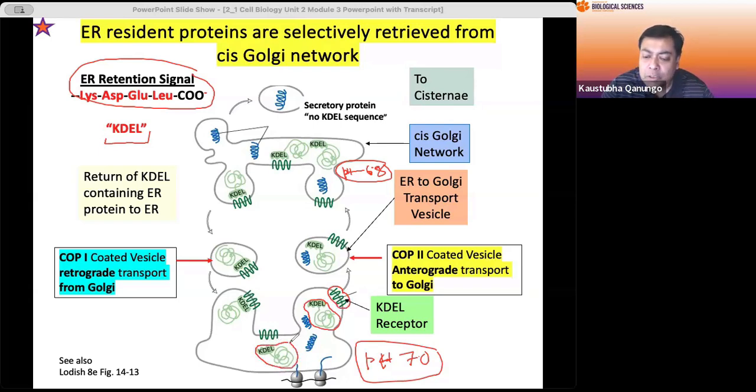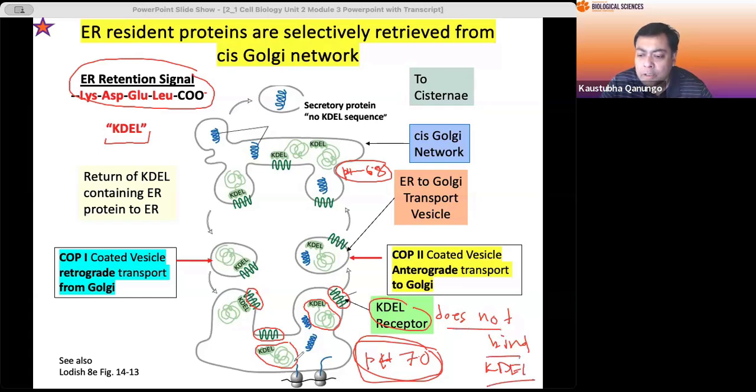All hundreds of different enzymes or resident proteins in the ER will have a KDEL sequence. And there are some membrane proteins, these are the KDEL receptors. They will bind to any protein which has a KDEL sequence. But the KDEL receptor at pH 7, neutral pH, does not bind KDEL.